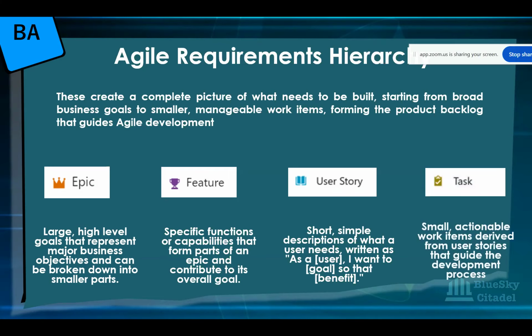Then you have tasks. Now, if you want to be a QA, this task is your bread and butter, even developers as well. The BAs create the user story, and from the user story, the developers create tasks.